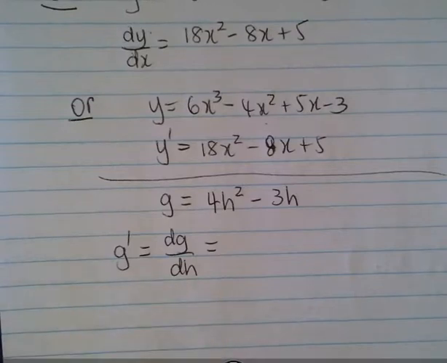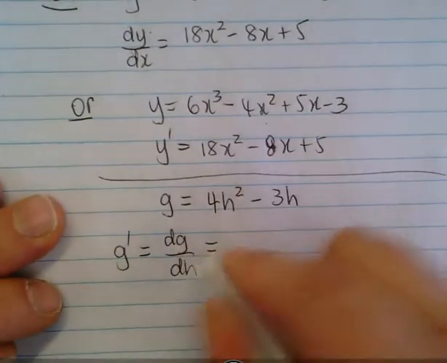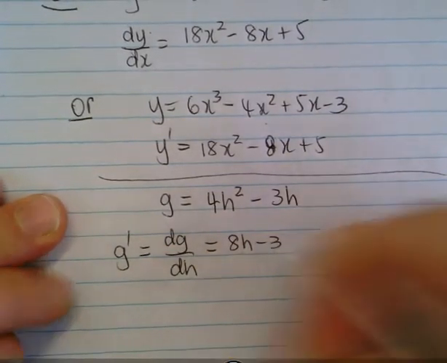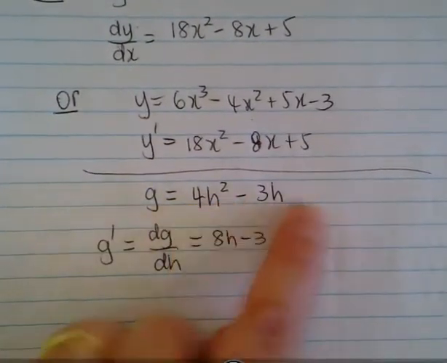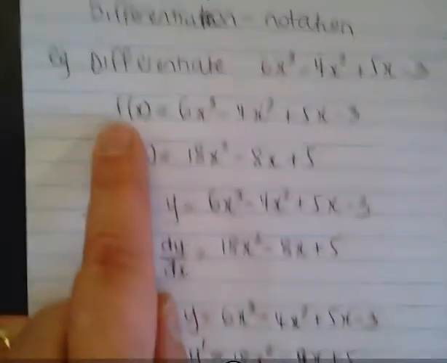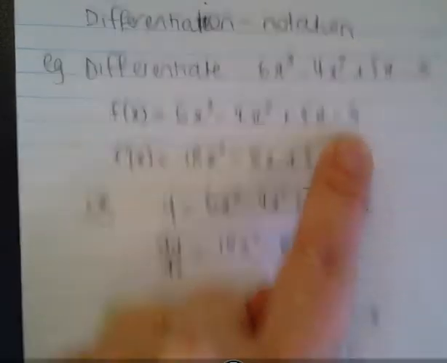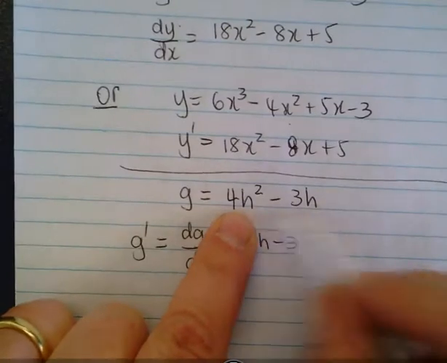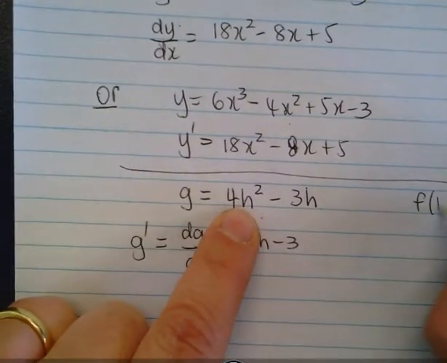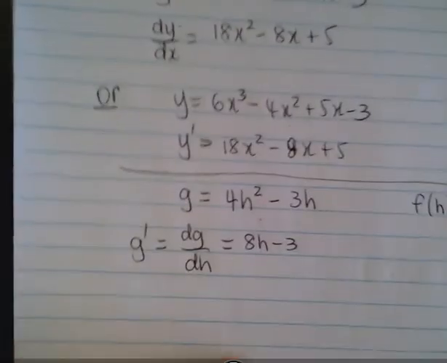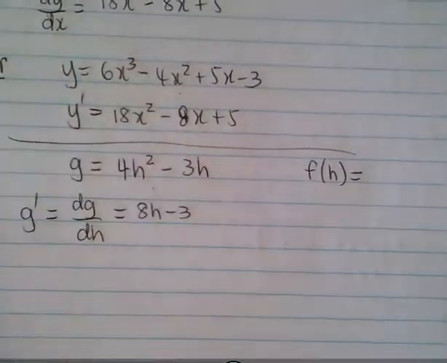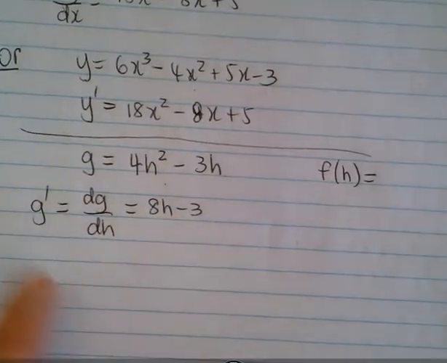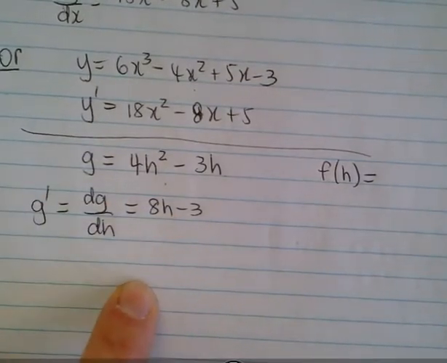All right? And I'll show you another way. So dg dh would be 8h minus 3, but I could also write, is this a function in g or a function in h? This is actually a function in h. So if I start off with g equals that, I could do g dash for my derivative or dg dh, right?